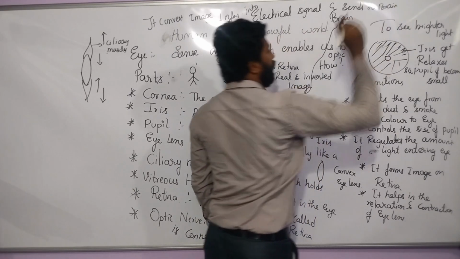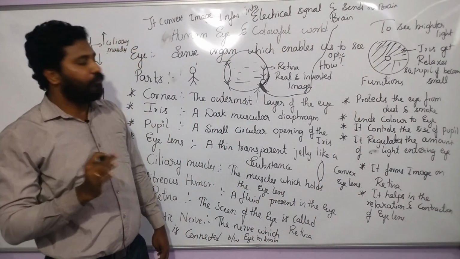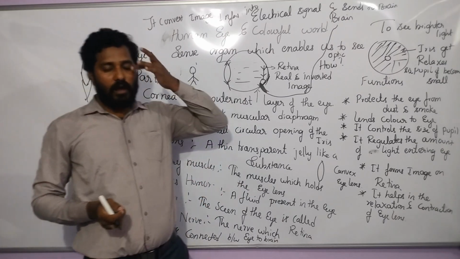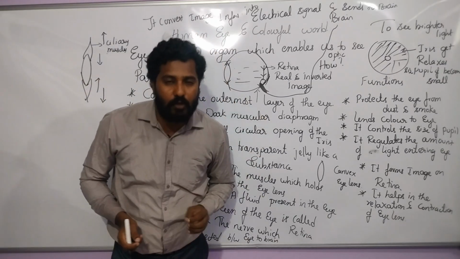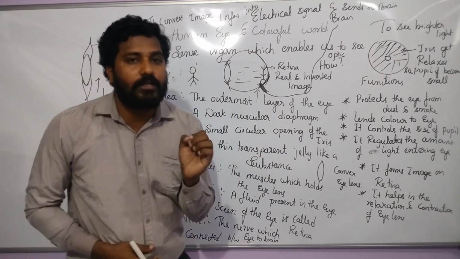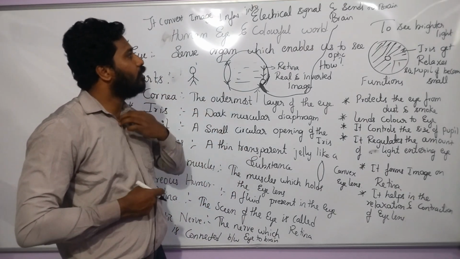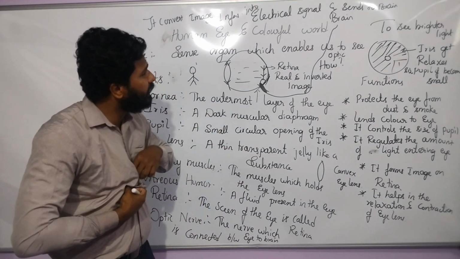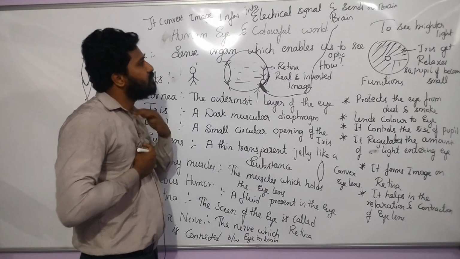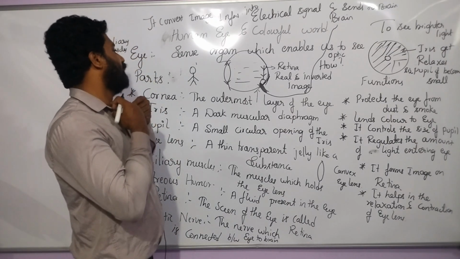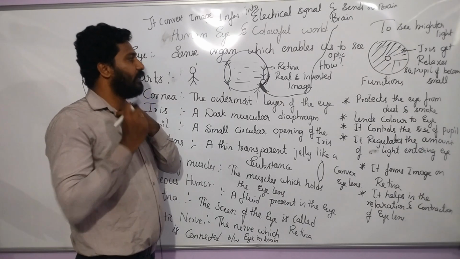This is the main important function of the optic nerve. The nerve connected between the eye and the brain is called the optic nerve.